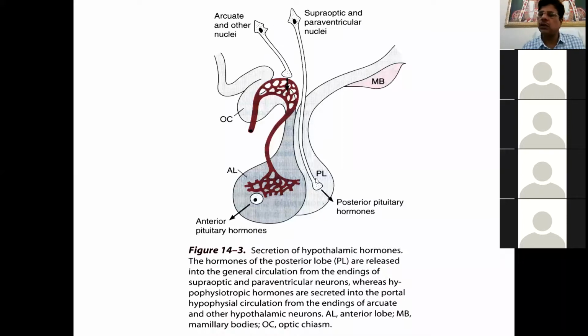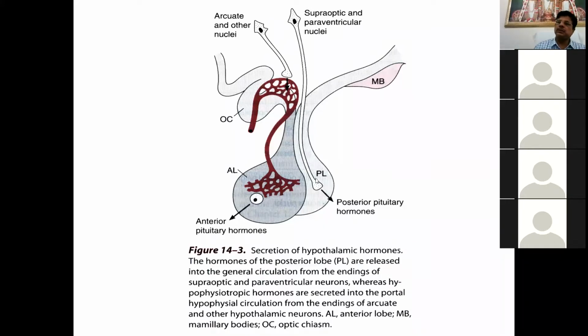What do these corticotropes secrete? ACTH, adrenocorticotropic hormone, and also one more hormone called beta lipotropic hormone, beta LPH.